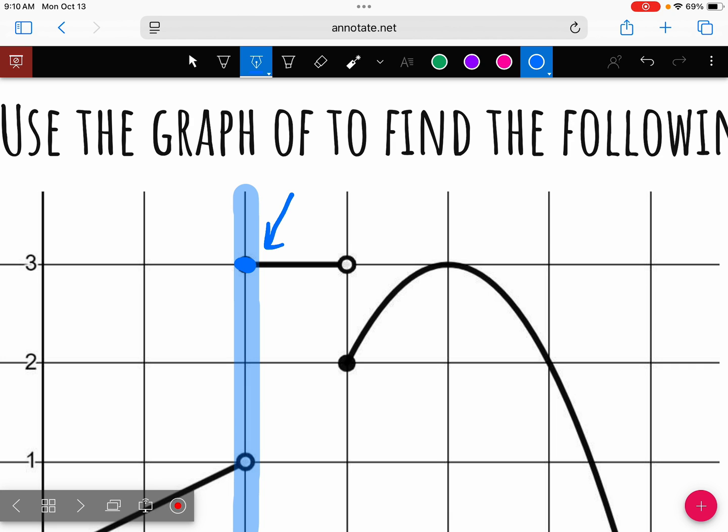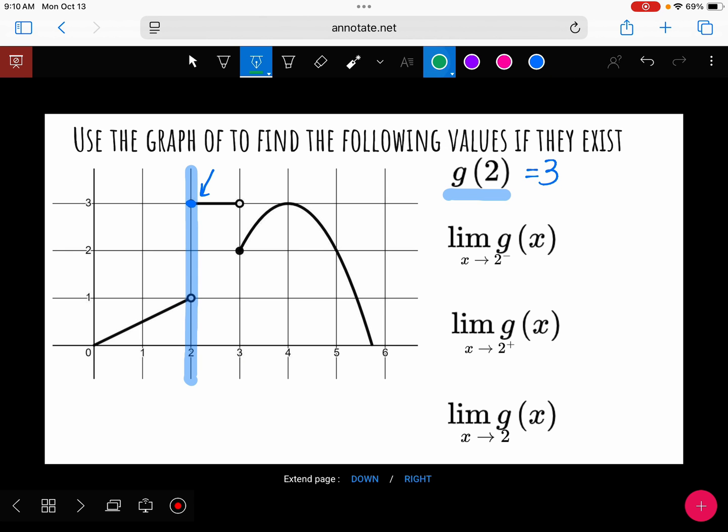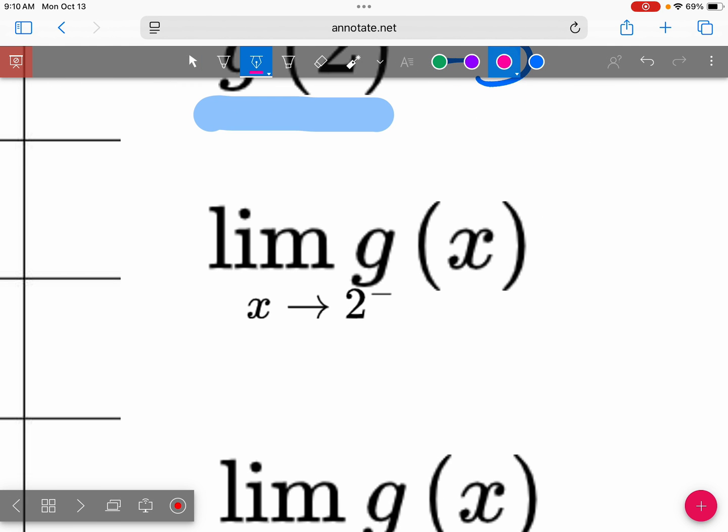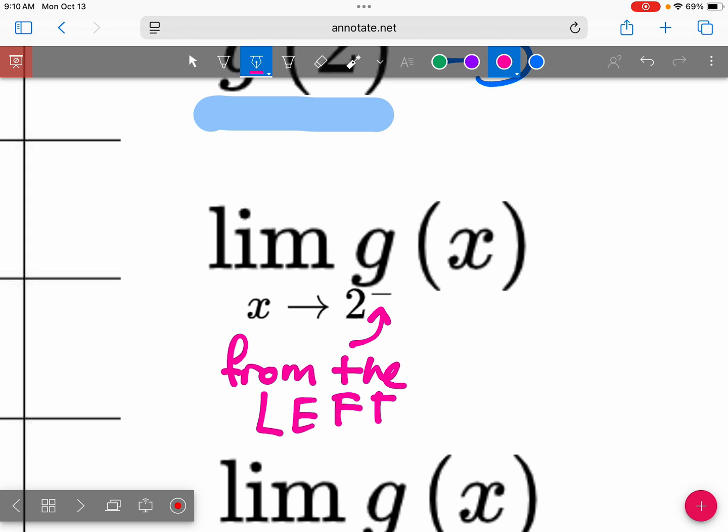What the limit's going to let us do is look at each piece individually. So this one says, what is our limit for g of x, our function, as x approaches 2 minus? As a power, the minus means from the left.